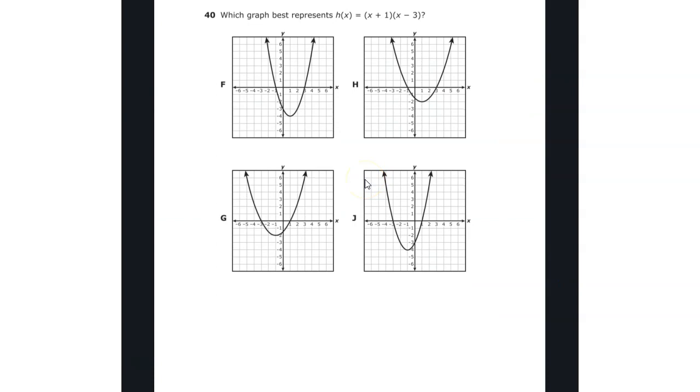Which graph best represents x plus 1 times x minus 3? So we're going to look for one where the x-intercepts are -1 and +3. And also our y-intercept is going to be -3, because 1 multiplied by -3 gives y-intercept -3.